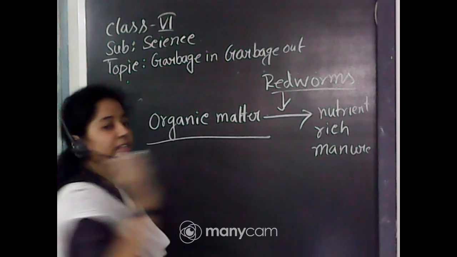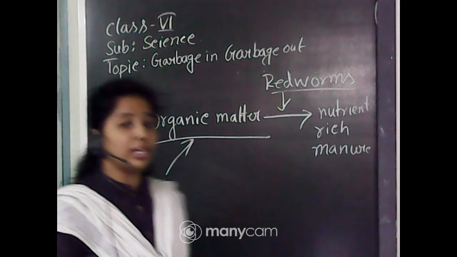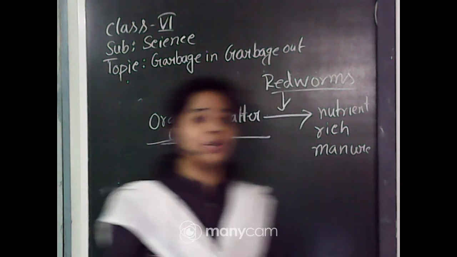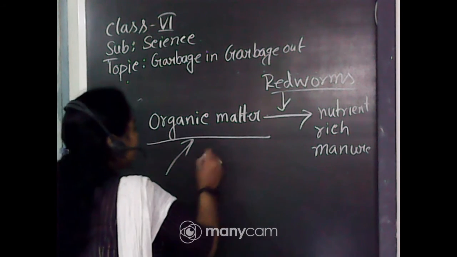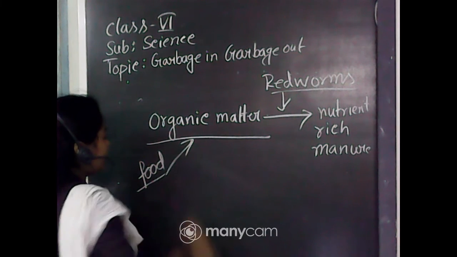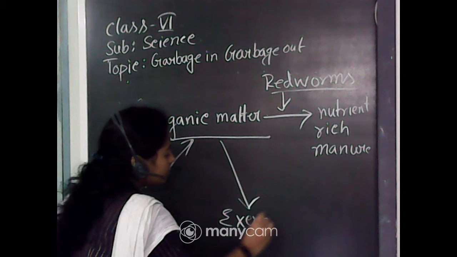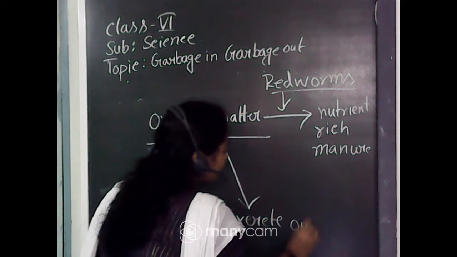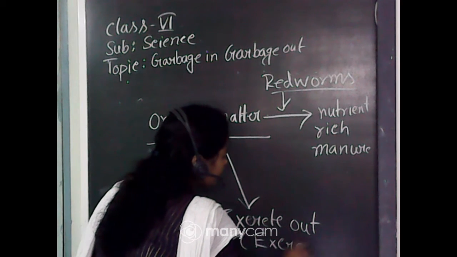Actually those redworms feed on that organic matter or vegetable waste, kitchen waste, in the powdered form. They take this organic matter as food and excrete it out in the form of excreta.